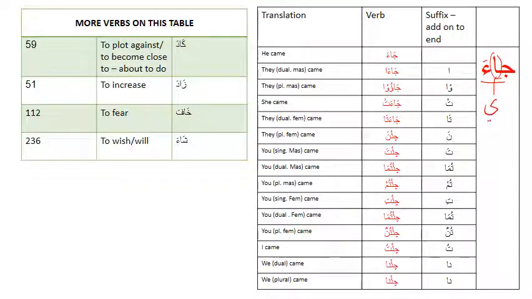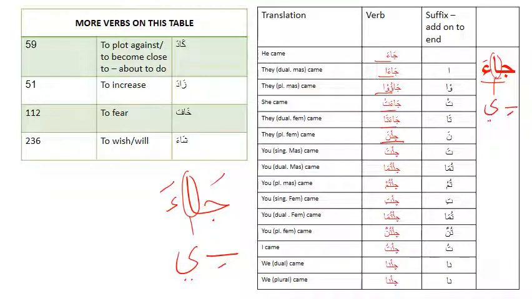The corresponding haraka to ya is kasra. So over here, ja'a, ja'u, ja'at, ja'ata, and then it becomes jitna. How did it become jitna? Because ja'a, this alif is actually a ya. The corresponding haraka to ya is kasra, and so we change this jim from ja to ji.